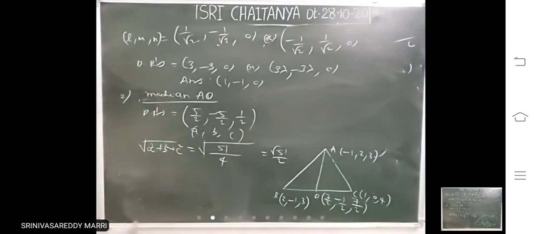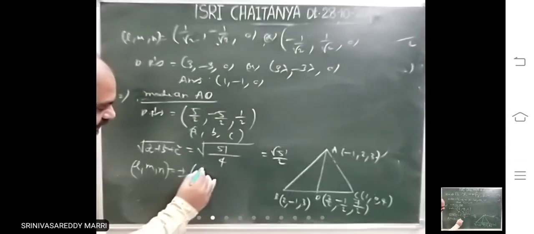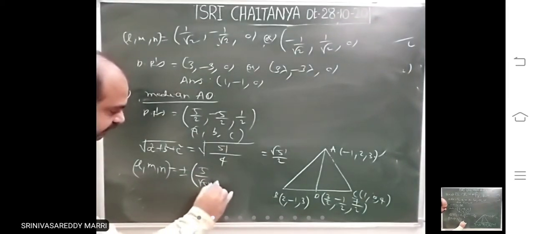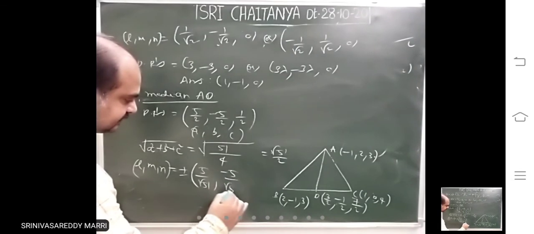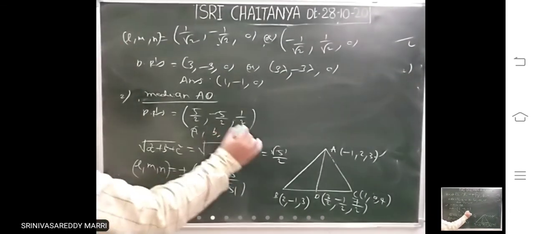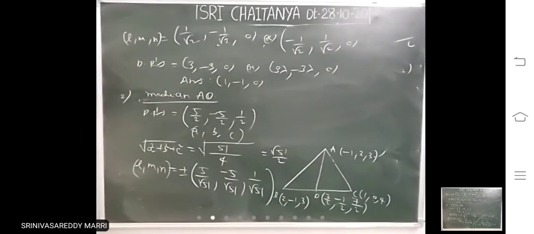Now write the l, m, n formula: a divided by this is 5 by root 51, b divided by this is minus 5 by root 51, c divided by this is 1 by root 51.